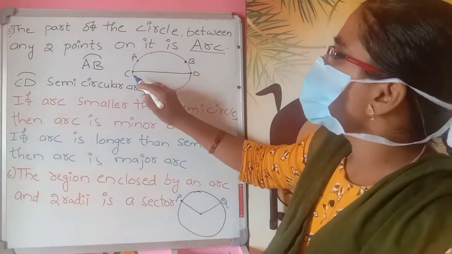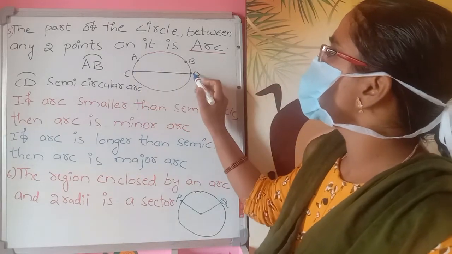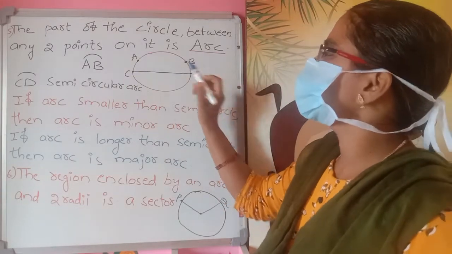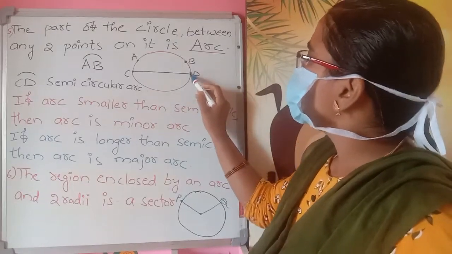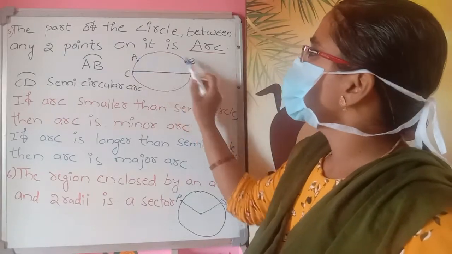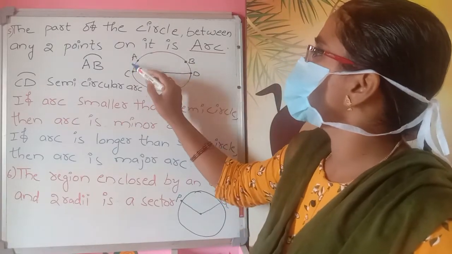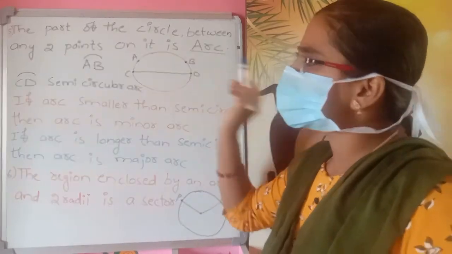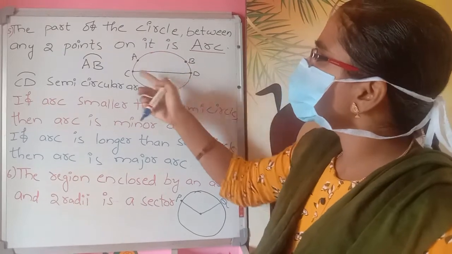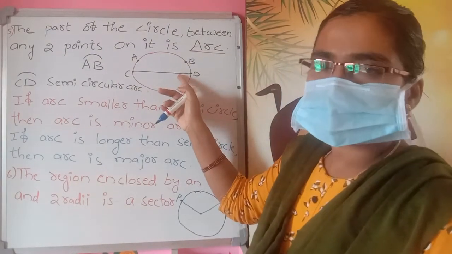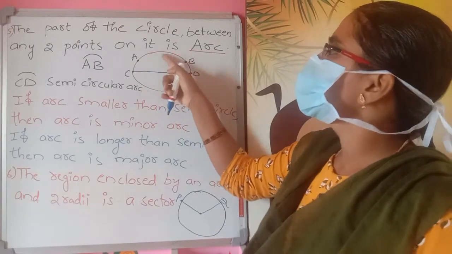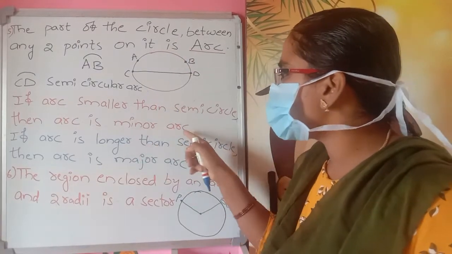If the arc's points are the end points of a diameter, then the CD arc is called a semicircular arc. These two, C and D, are the end points of the diameter. If an arc is smaller than a semicircular arc, it is called a minor arc.